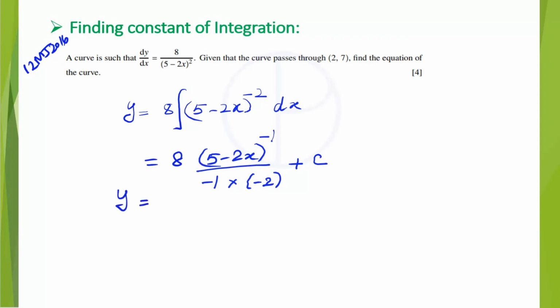So y is equal to 4 divided by (5 minus 2x) plus c.